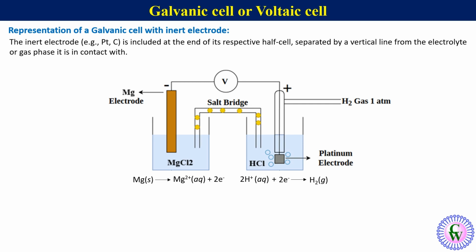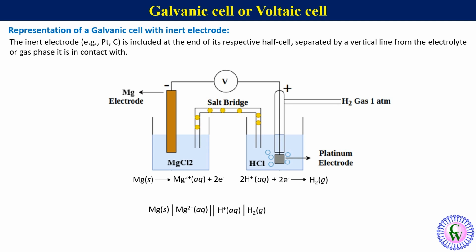Let's have an example of this galvanic cell consisting of magnesium anode and hydrogen cathode. For symbolic representation, write the anode and cathode reactions like the way we have done for Daniell cell, that is, magnesium solid, vertical line, magnesium 2 plus aqueous, double vertical line, H plus aqueous, vertical line, H2 gas.